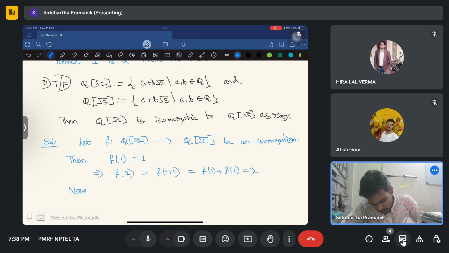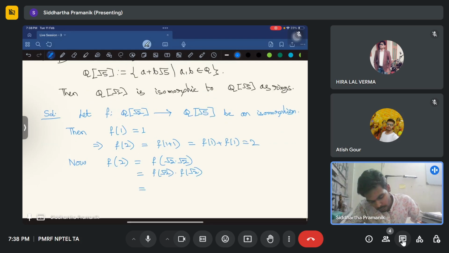Now, what is f of 2? This is basically f of root 2 times root 2. Now, f is also multiplicative. So this is f of root 2 times f of root 2. So this is equal to f of root 2 whole square.